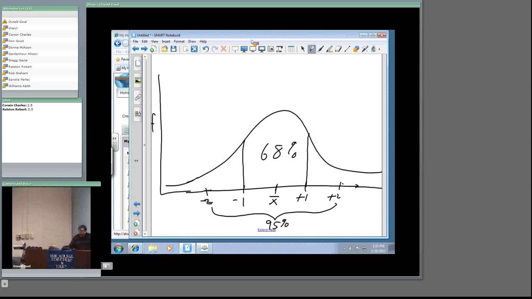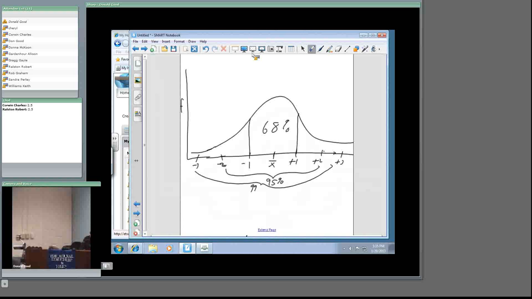If I go out one more standard deviation, so plus and -3, that's going to take in, give myself room to work here. More than 99% of the cases.